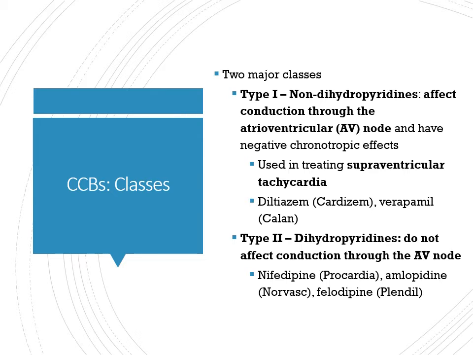So they're good for SVT, diltiazem and verapamil are 2 commonly used. And then the type 2 are the dihydropyridines that do not affect conduction through the AV node, nifedipine and amlodipine. And these are ones we might more commonly use for hypertension as opposed to as antiarrhythmics.